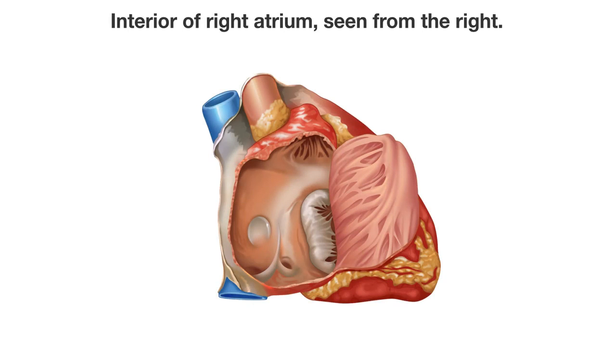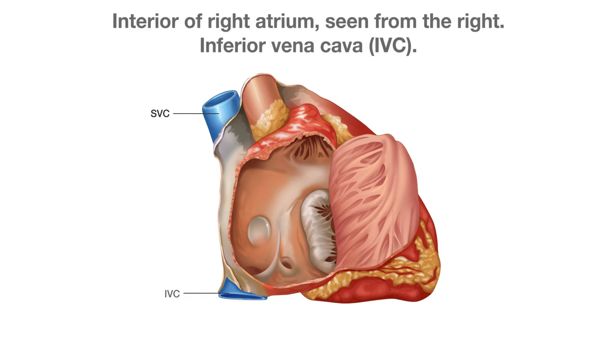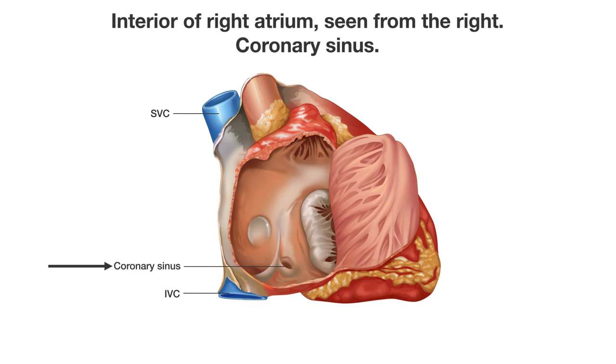This is an interior view of the right atrium seen from the right. The superior vena cava drains into the right atrium superiorly, and the inferior vena cava inferiorly. And adjacent to the opening of the inferior vena cava, we see the coronary sinus, where venous blood from the heart returns to the right atrium.